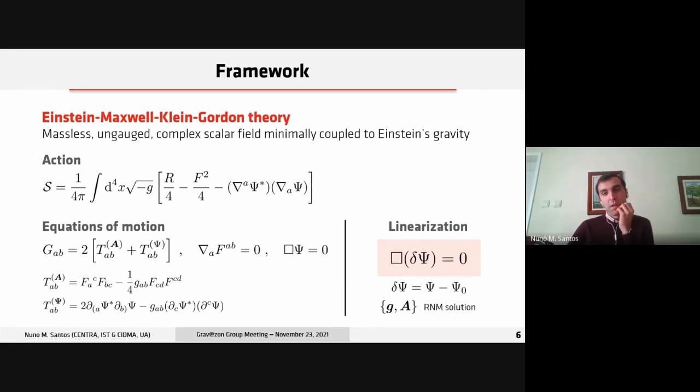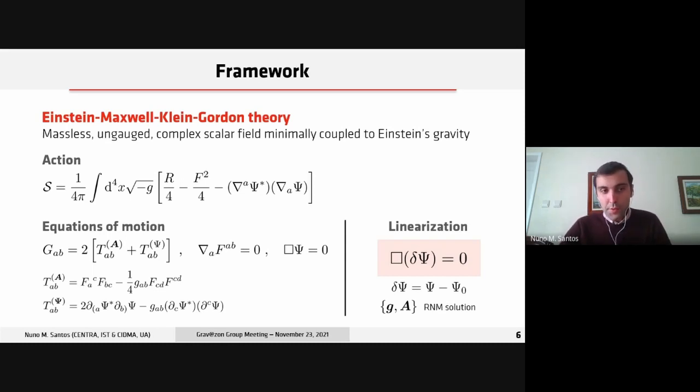For that purpose, we must consider the Einstein-Maxwell theory, minimally coupled to a real or complex ungauged scalar field, so a scalar field without mass and without charge. This is the action of such a theory, and here we have the corresponding equations of motion: the Einstein equations, the Maxwell equations, and the Klein-Gordon equation for the scalar field.